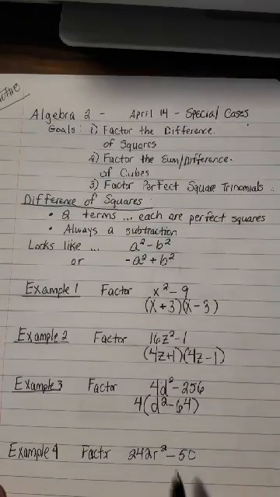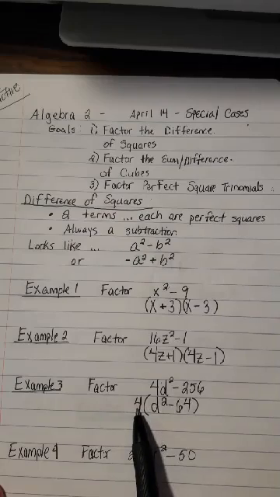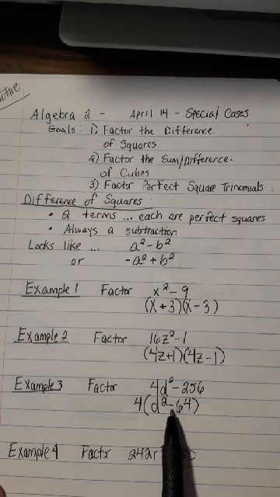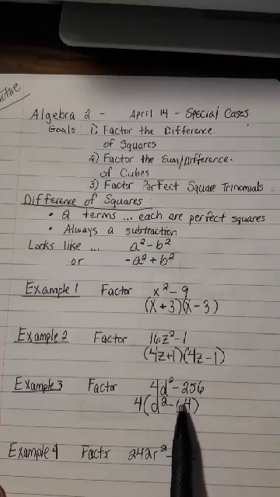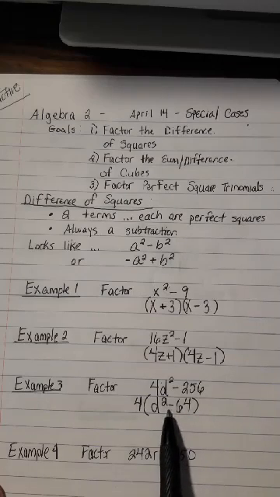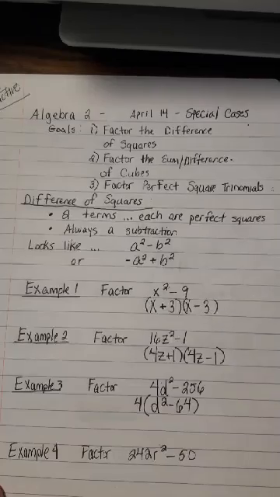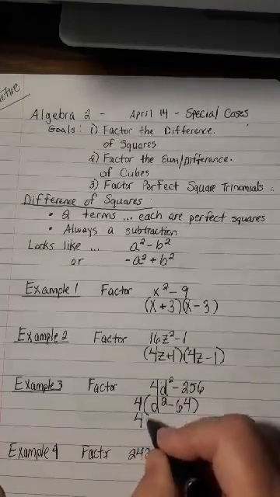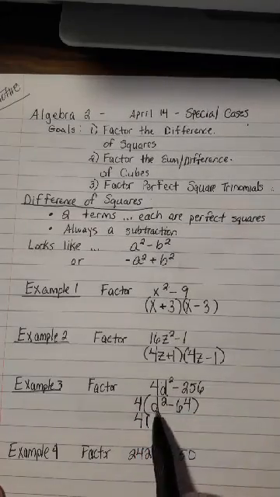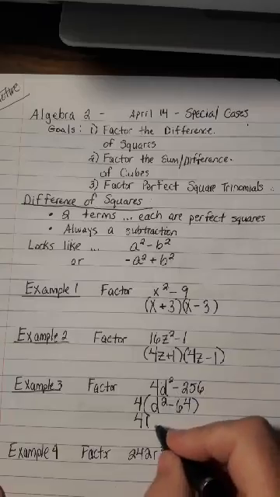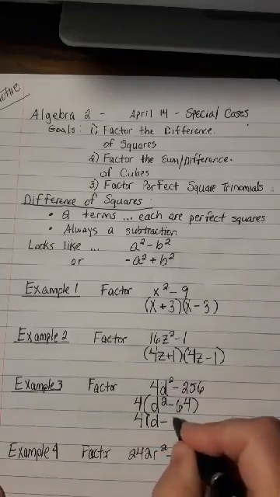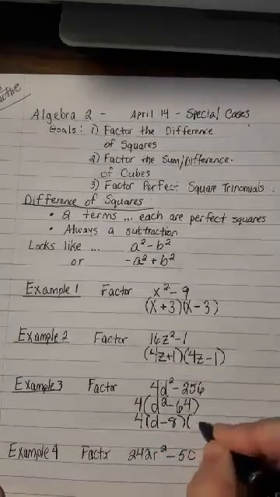And then once you have pulled your 4 out front, now inside the parentheses, you have a difference, because it's subtraction, of two perfect squares. So you have to factor this parentheses, just like we did in example 2 and 1. So you just write the 4 down in front, and then you take the square root of each one of these terms. That'll be d minus 8 and d plus 8.